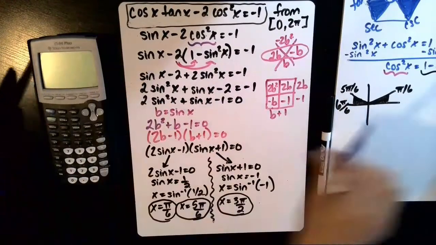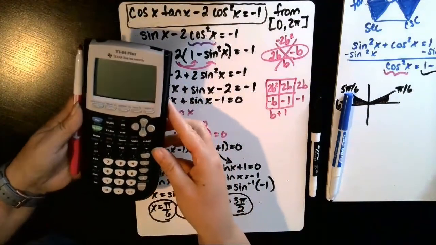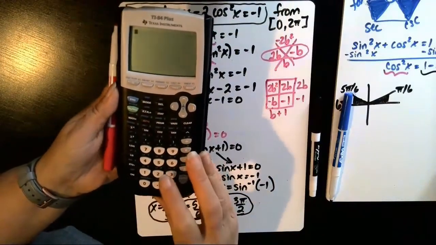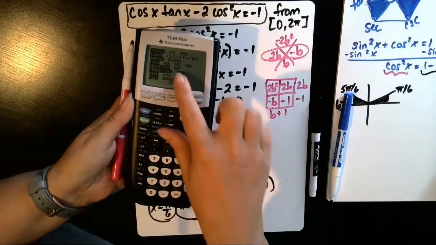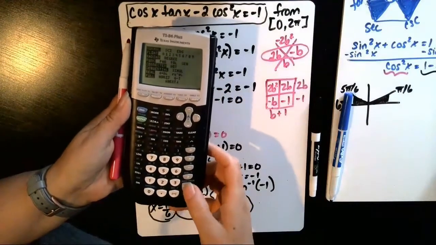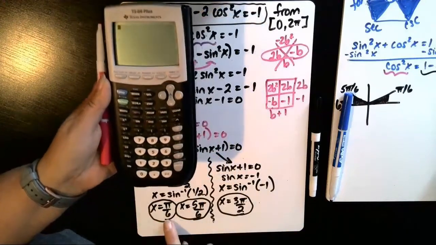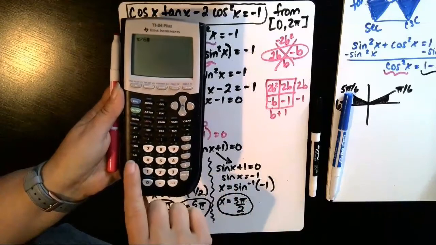So we'll go ahead and get the calculator, and we want to turn it on and first check that the mode is in radians, which it is. Okay, and then we're going to go to our answer, pi over 6. And we want to hit the store button.